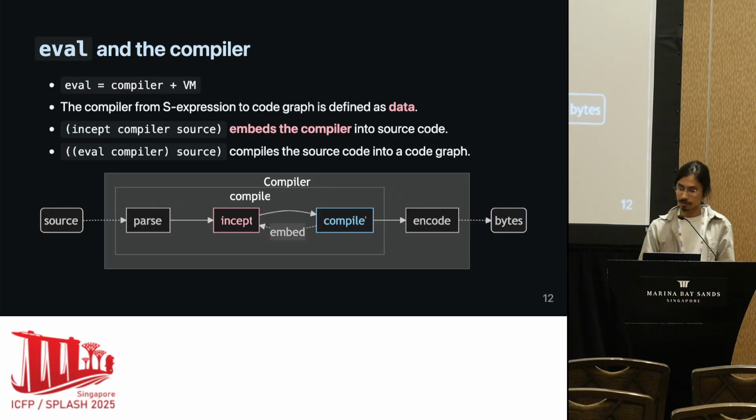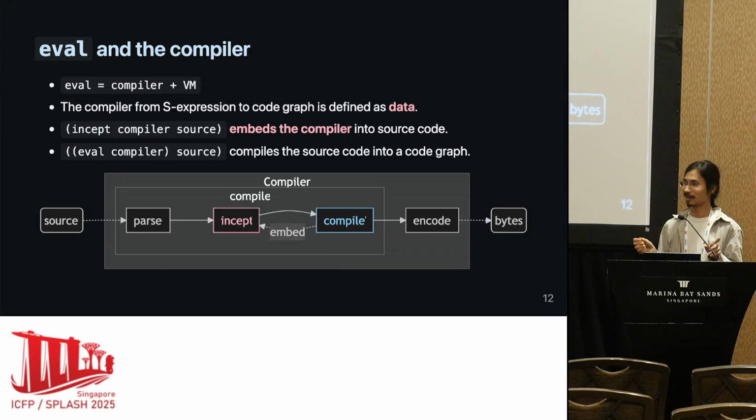Another thing is how we implement the eval procedure. In Ruby Scheme, the compiler is actually a separate library. So when you want to use eval, you need to attach the compiler to the main program and then compile it.